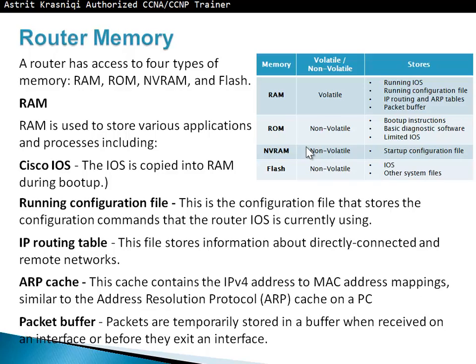So RAM, remember, is volatile, so it needs power to retain the information. In there we have the running IOS, Internetwork Operating System, the running configuration file, updates on the routing table, updates on the ARP tables, like MAC address to IP address information, and any packet buffers as well.